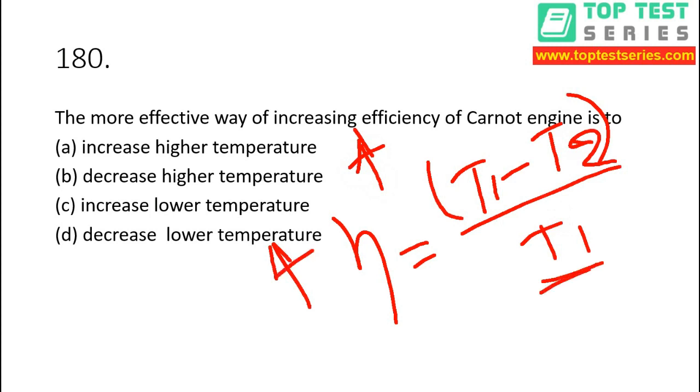The value of T1 minus T2 will be more if T2 is lowered. That means the sink temperature will be less. In that case, my dear, efficiency will increase, right? Because the value of T1 minus T2 will increase. That means efficiency will increase. So, the answer for this question is decrease the lower temperature. That means option D is the correct answer for this question.